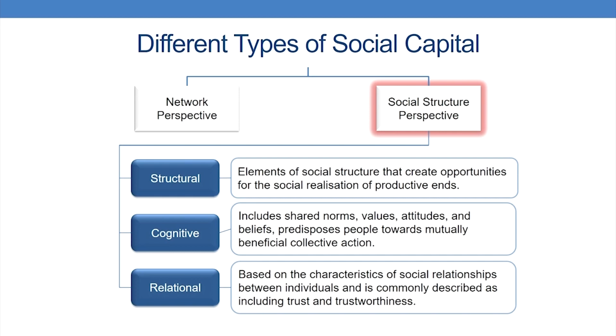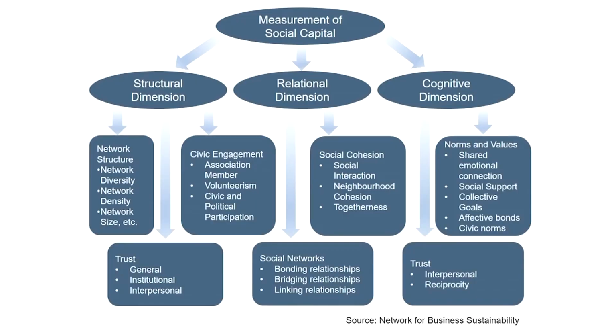Cognitive includes shared norms, values, attitudes and beliefs that predispose people towards mutually beneficial collective action, and relational perspective is based on the characteristics of social relationships between individuals and is commonly described as including trust and trustworthiness. So, this theoretical perspective could be expanded to include potential indicators for each type of social capital. Let us look at an example which will come up in the next slide here.